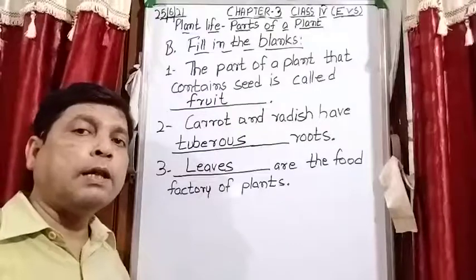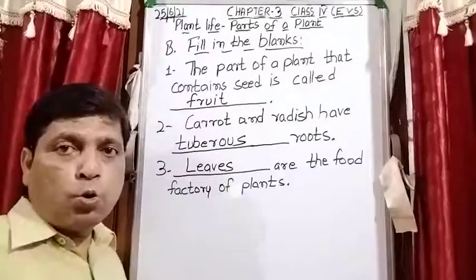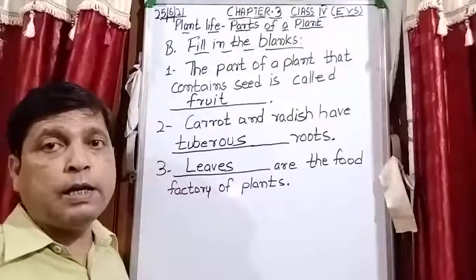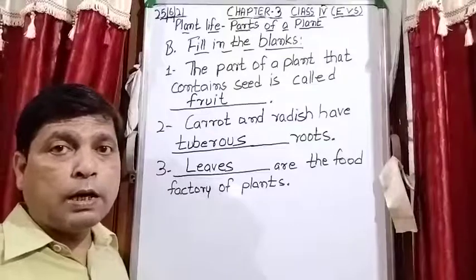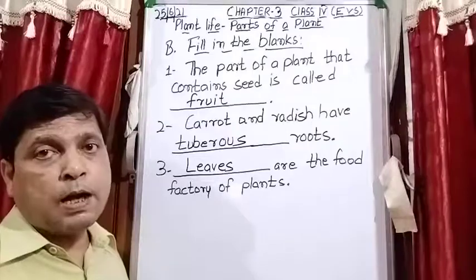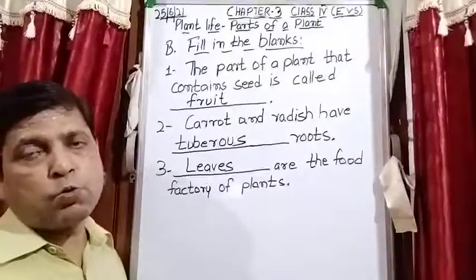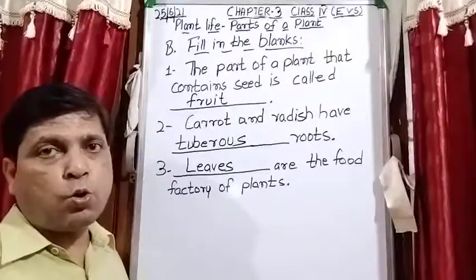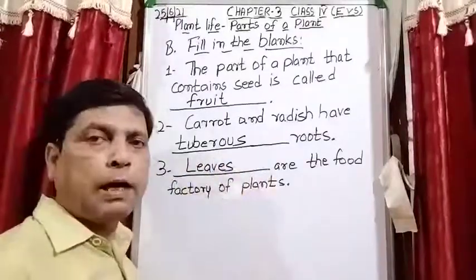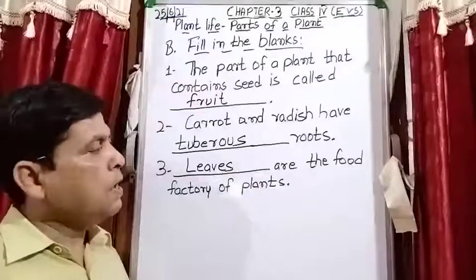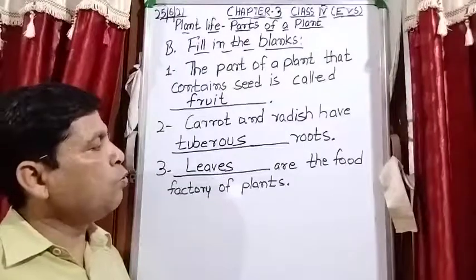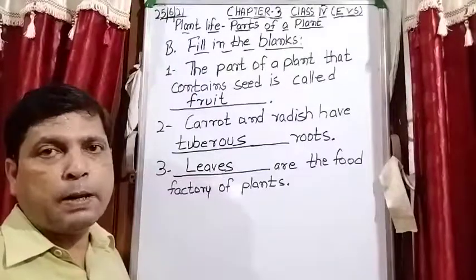From here the leaves use carbon dioxide when they prepare the food, and they release oxygen. Roots absorb water and minerals, pass them to the stem, and then the stem passes them to the leaves. That is the reason leaves are known as the food factory of a plant.